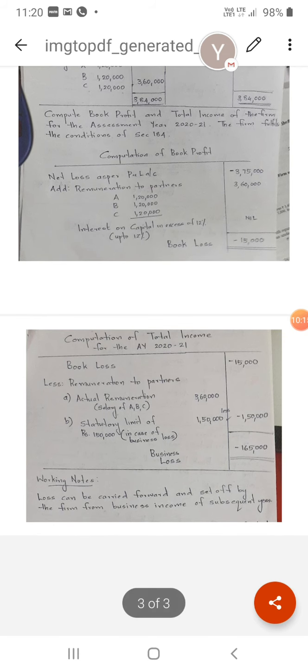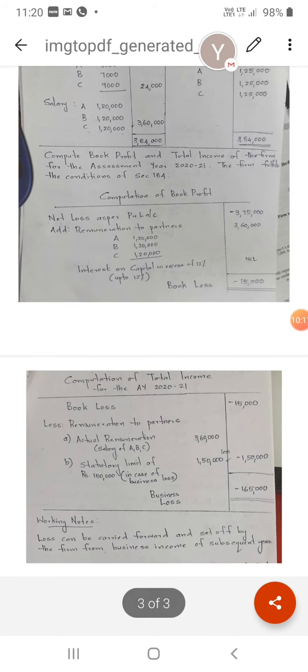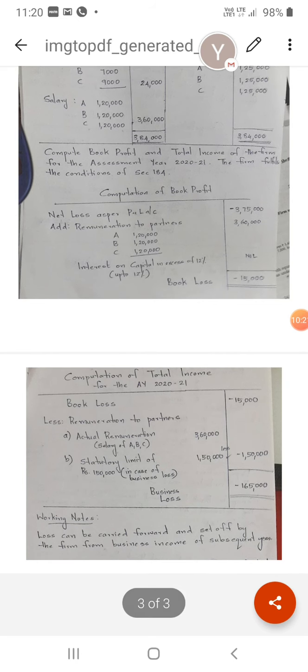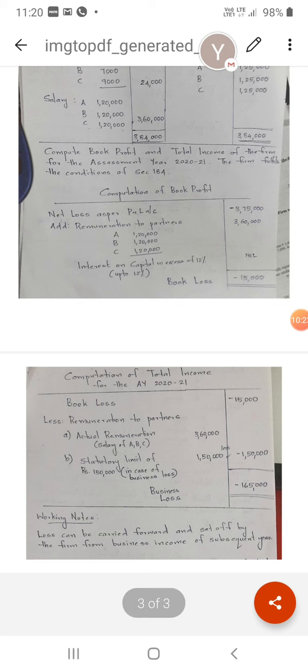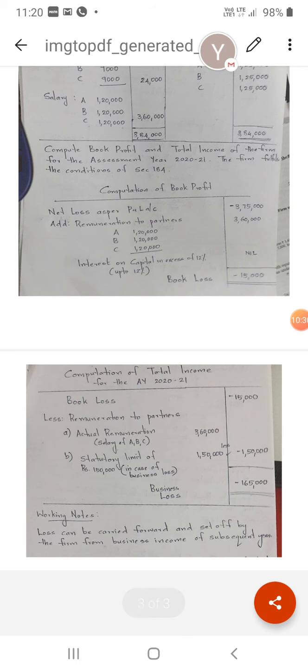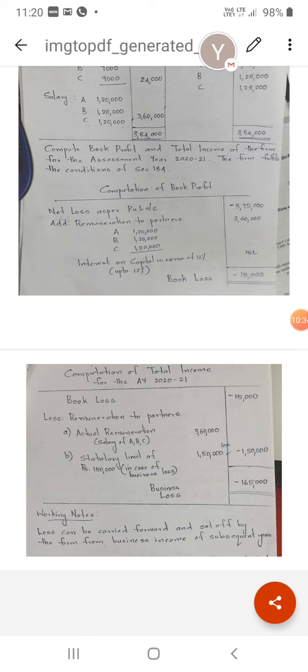Actual remuneration given to the working partners. Here the question doesn't state whether it is working or sleeping. Nothing is mentioned about sleeping, so we assume that all partners are working. So from the book loss, for the computation of total income, we will deduct the remuneration given to the working partners alone.